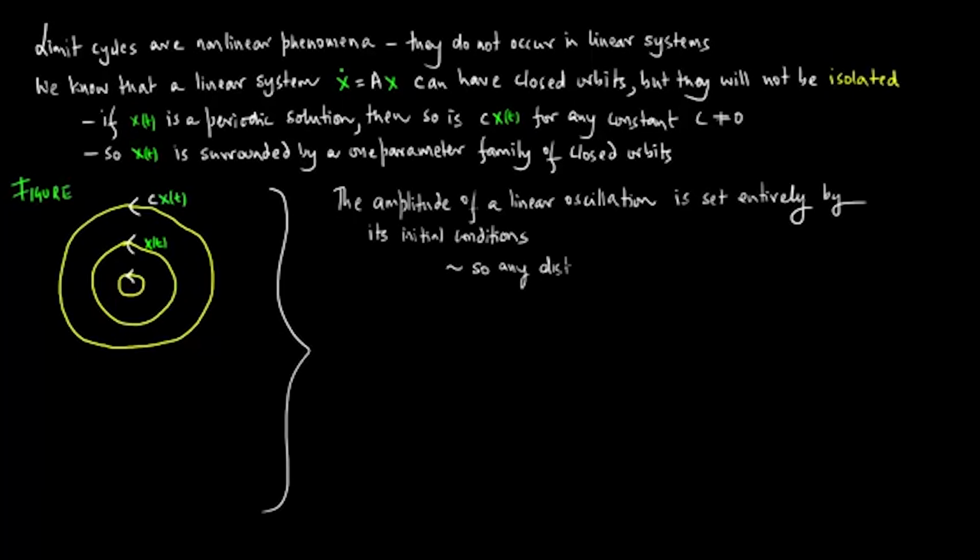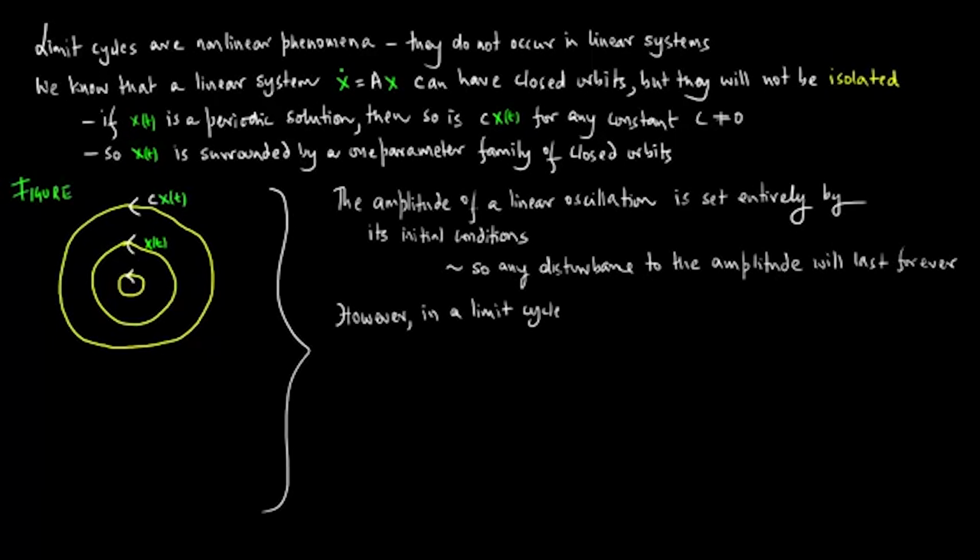So any disturbance to the amplitude will last forever. However, in a limit cycle, the oscillations are determined by the structure of the underlying system.